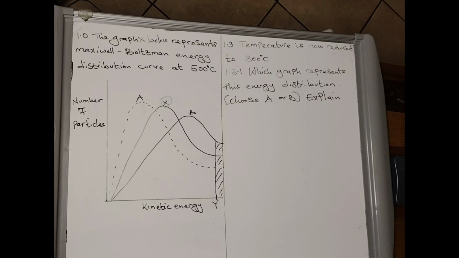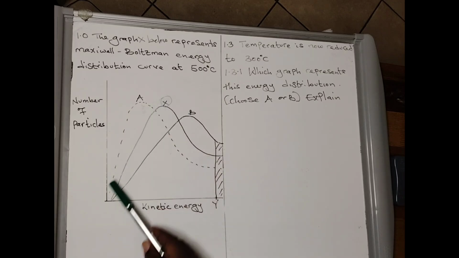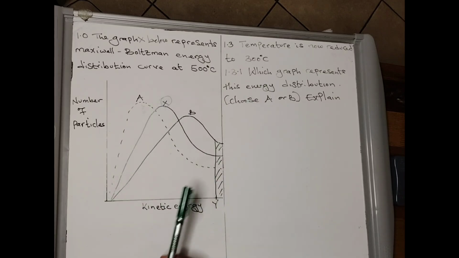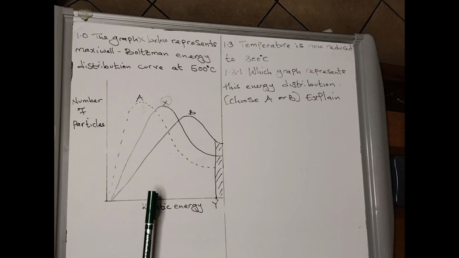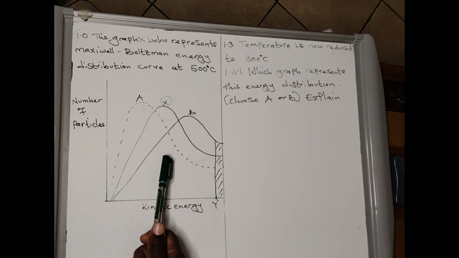Okay, when you look at this scenario, we have a choice to make. The graph at 500 is X, and now temperature is reduced. When temperature reduces, which graph does it adopt?